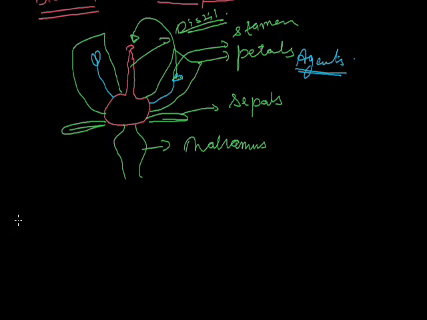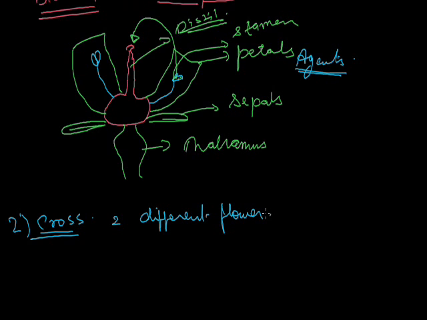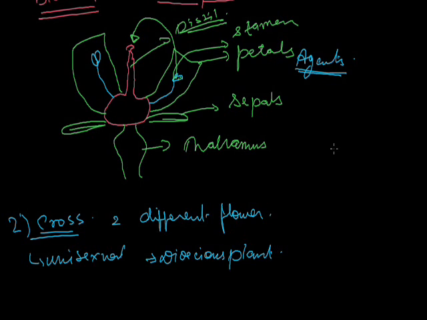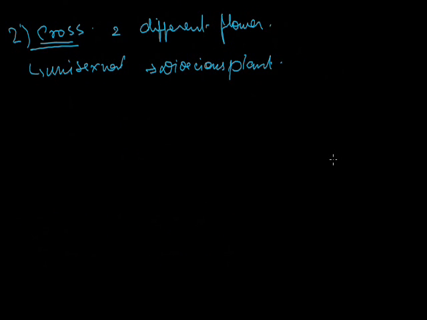Now if we see cross-pollination, as we are saying, it is a cross process. Cross-pollination will always take place between two different flowers. It happens only in unisexual flowers, or you can say in a dioecious plant. Unisexual flower means the sexes are on different flowers.